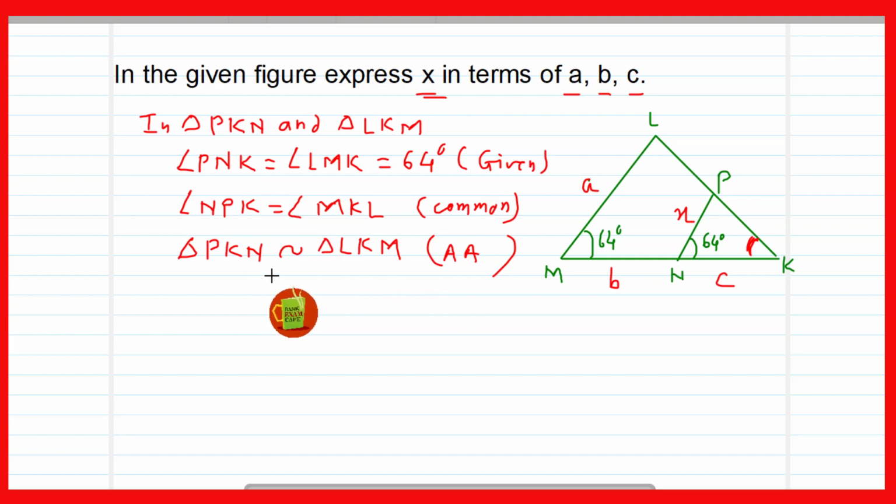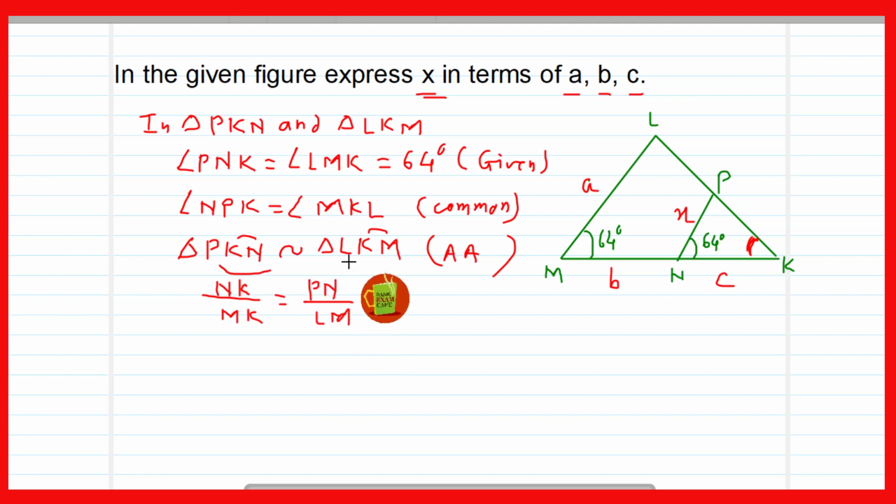And since these two are similar, the ratio of the corresponding sides will be also equal. So take the ratio of the corresponding sides, that is NK upon MK. These two are the corresponding sides, which is equal to PN upon LM.